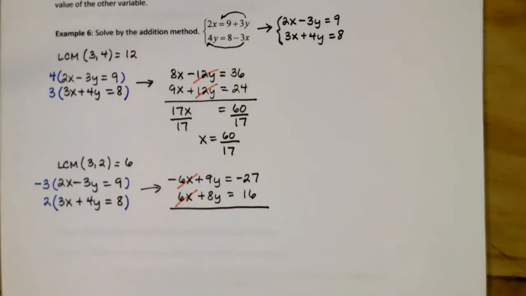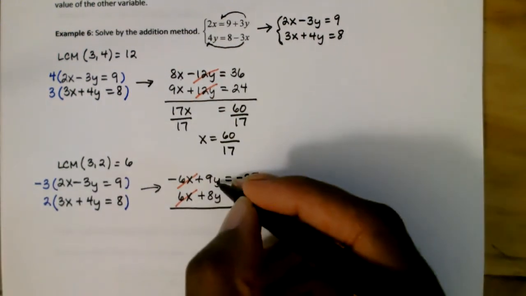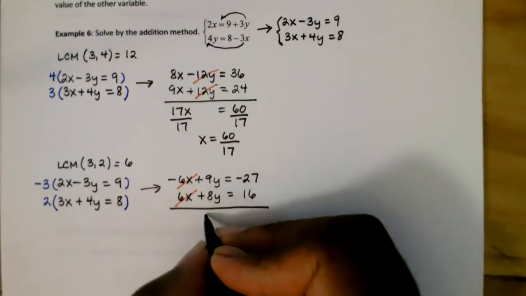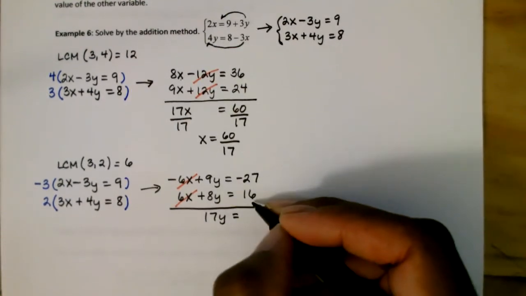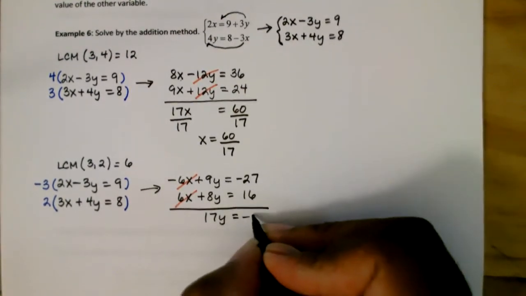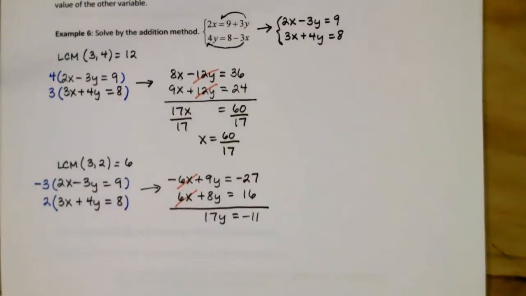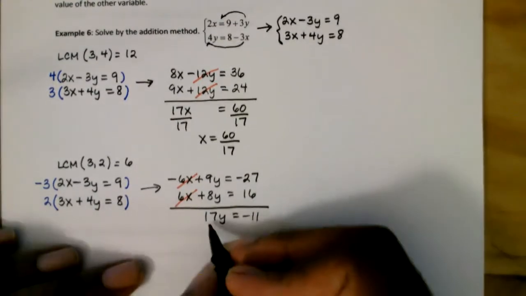They are eliminated. So now 9y plus 8y is 17y equals negative 27 plus 16 will be negative 11. So I got 17y equal negative 11.